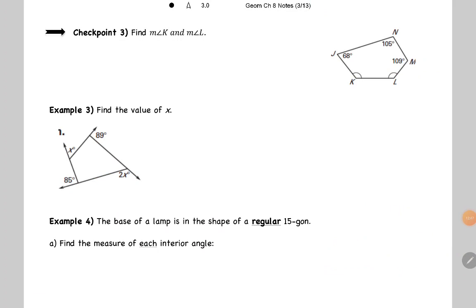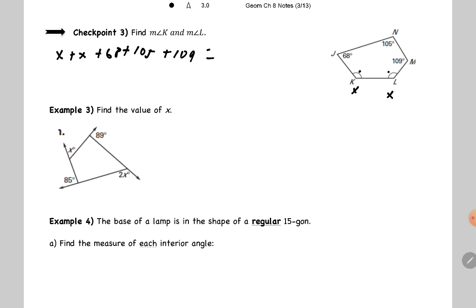Alright, checkpoint 3. Find angle K and angle L. They're telling you, with these markings, that angle K and angle L are the same, so I'm going to call them x and x. So x plus 68 plus 105 plus 109 is equal to the total sum.